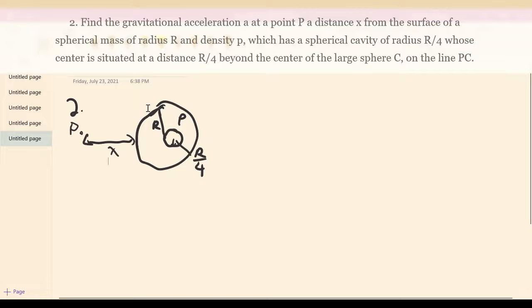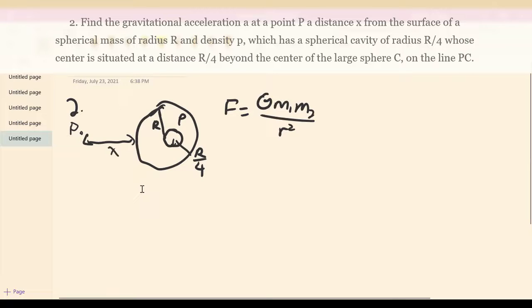So the formula for the force from gravity is F is equal to G times M1 M2 over R squared. R is the distance between the two masses, and this big G is a constant.